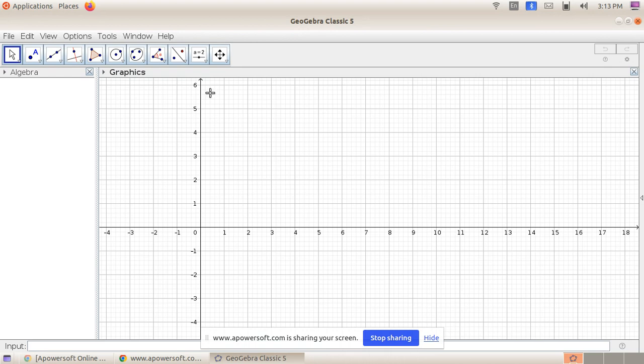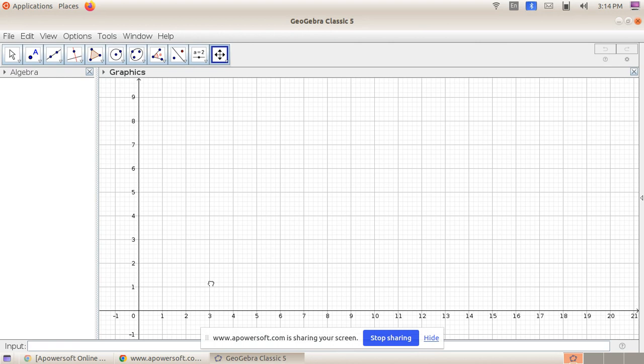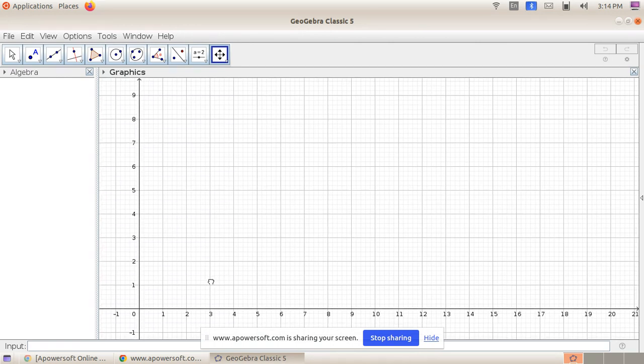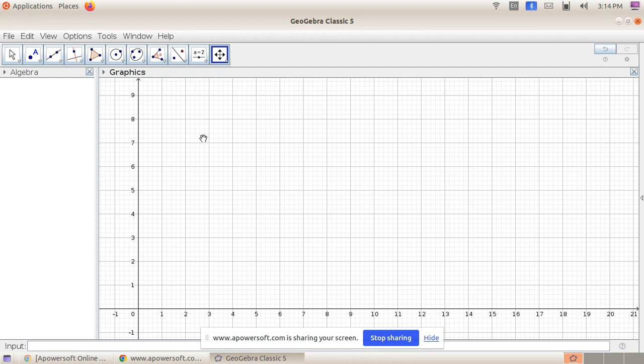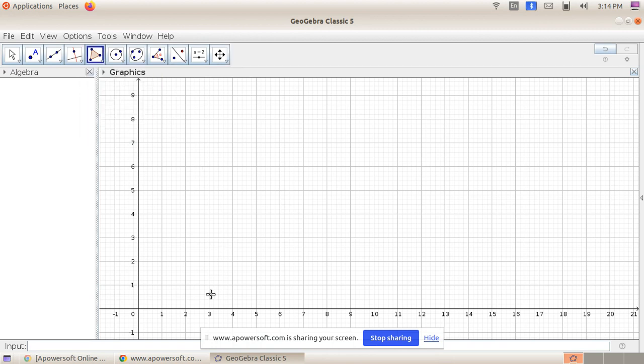For that, first of all, I am moving this graphic view to the left side so we can view more regions. First of all, I am going to draw a triangle. From the polygon tool, I am taking the polygon. I am starting at 3, then 4, I am going to draw a right angle triangle.